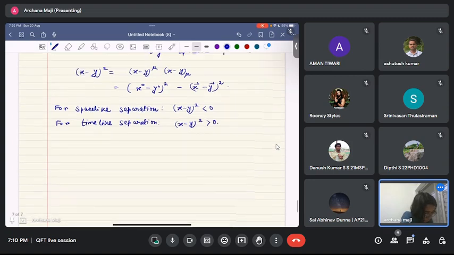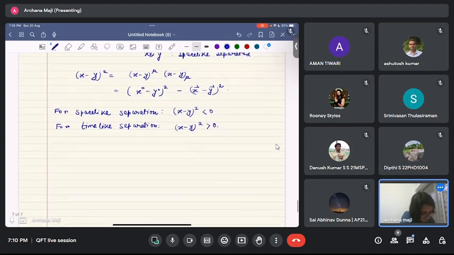So time-like means the two events are inside the light cone, and space-like means the two events are outside the light cone.